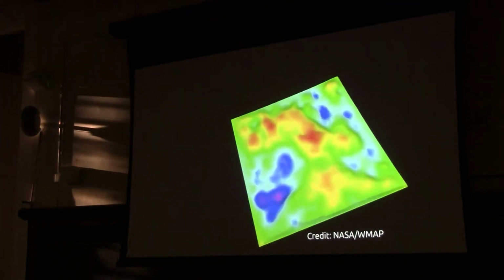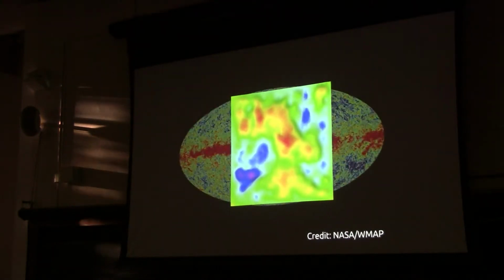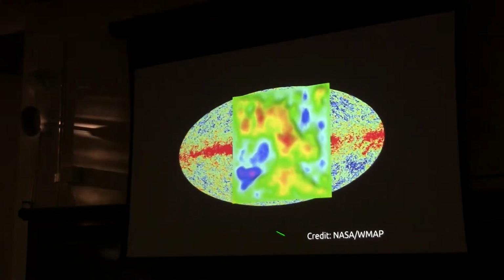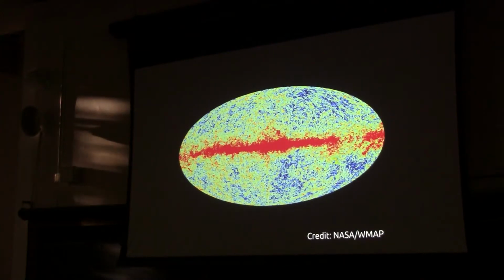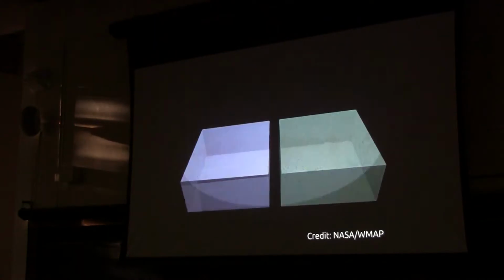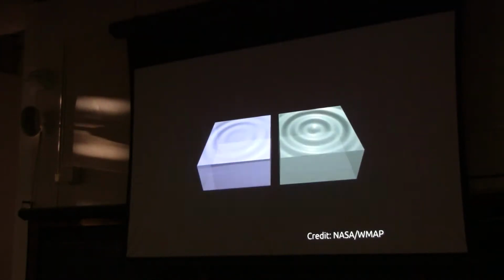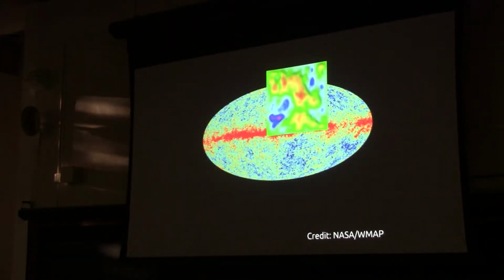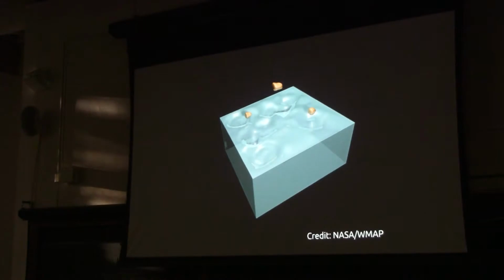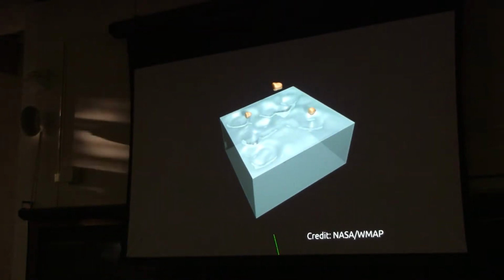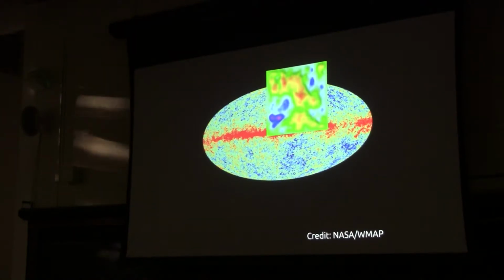All these pressure waves interact, and they form this very non-smooth texture that we see eventually in the CMB. So you can think of the oscillations in the fluid early in the universe as setting up waves, happening in many different places, and then they eventually get frozen, and you see this texture.